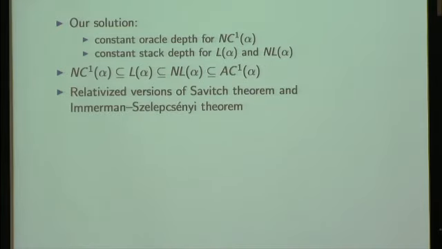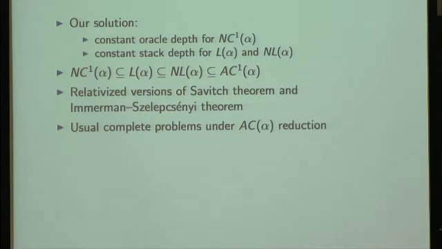Moreover, the relativized versions of Savitch's theorem and Immerman's theorem still hold. It also follows that the usual complete problems for the non-relativized classes are still complete for the relativized classes, but now under AC0 plus AC0 of alpha reductions. So once we have this, the theory for the classes is obtained in the same way as before.